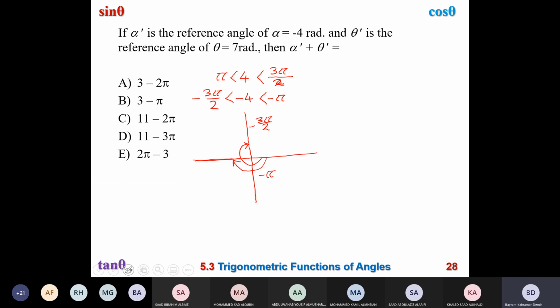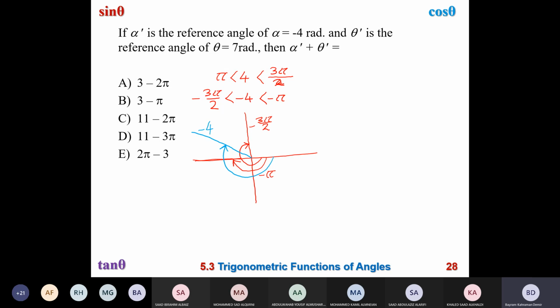So let me change my color to give you the -4 radian. So -4 radian will be somewhere here. So this is the angle, -4 radian, right?